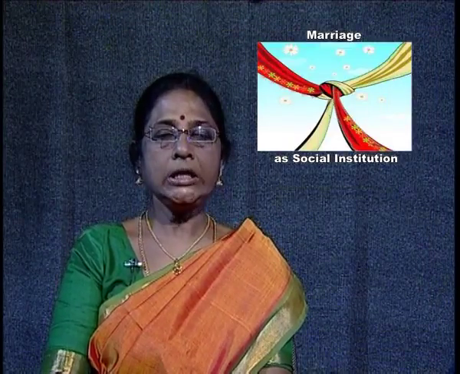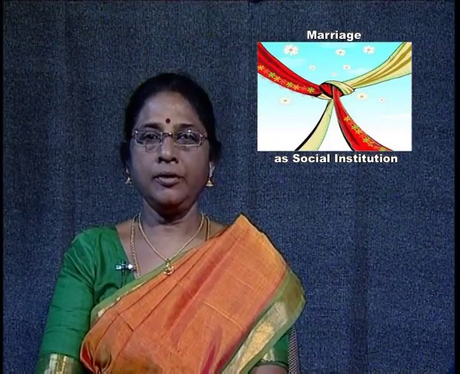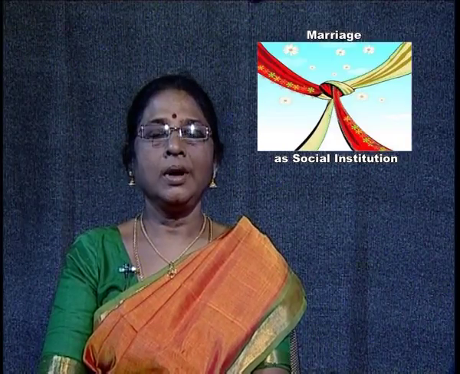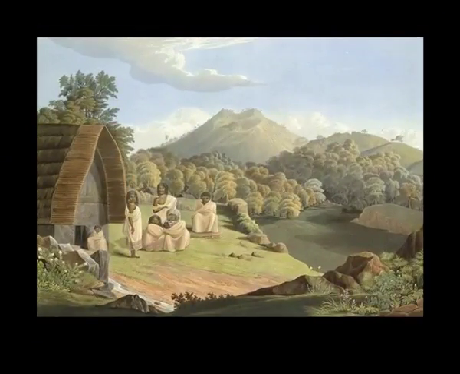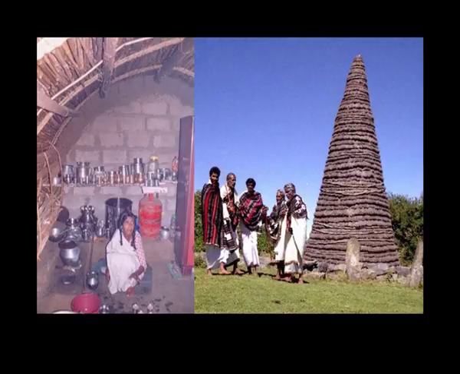For fraternal polyandry, I can give you two examples, one from tribal society and another from Hindu mythology. Among Todas, there is the practice of fraternal polyandry. Todas have the practice of female infanticide, and therefore, at one point of time, there was scarcity of women, and naturally, they had to resort to fraternal polyandry.